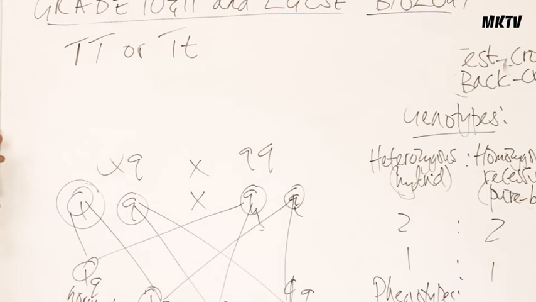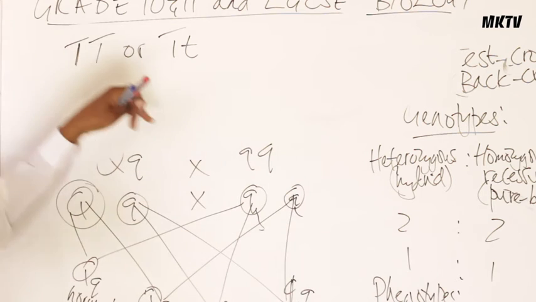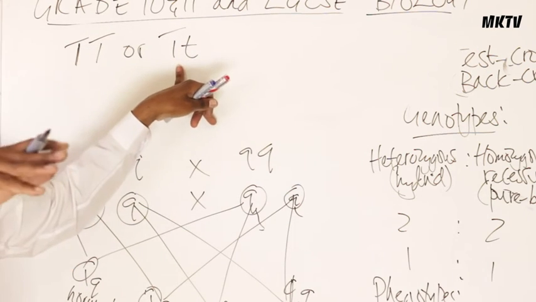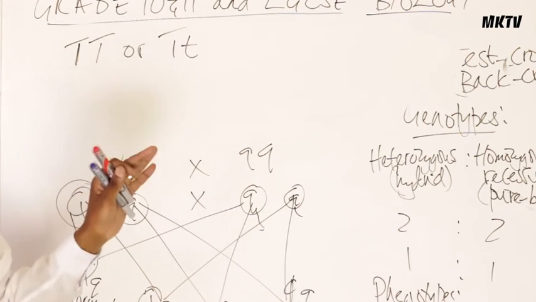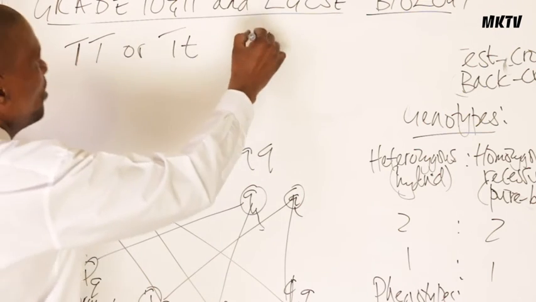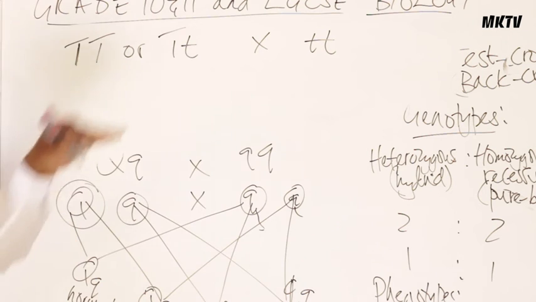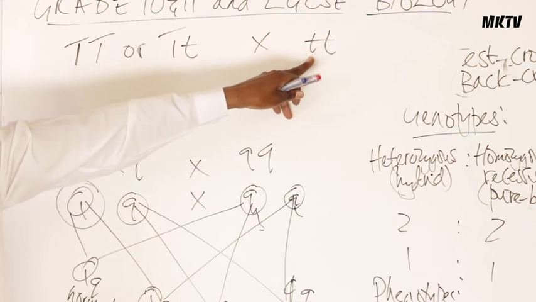Why can't we know from the appearance? Because the presence of just one T will confuse us. We don't know whether it has two dominant alleles or a dominant and a recessive. Remember, we can't know from looking at this unless you perform a test. We take a sheep with bad wool and we cross it with him.